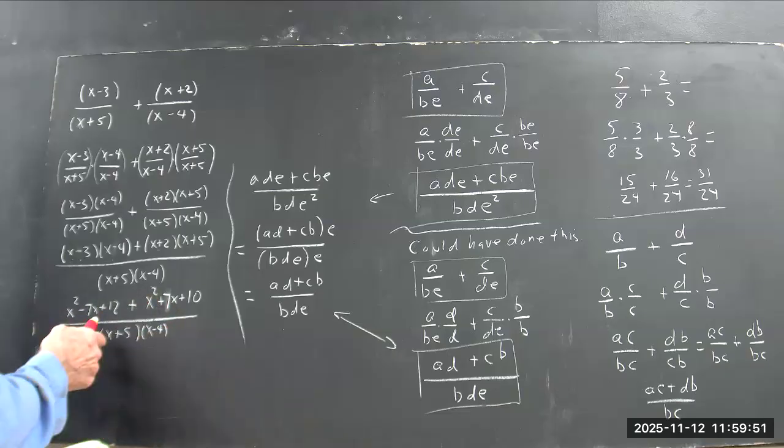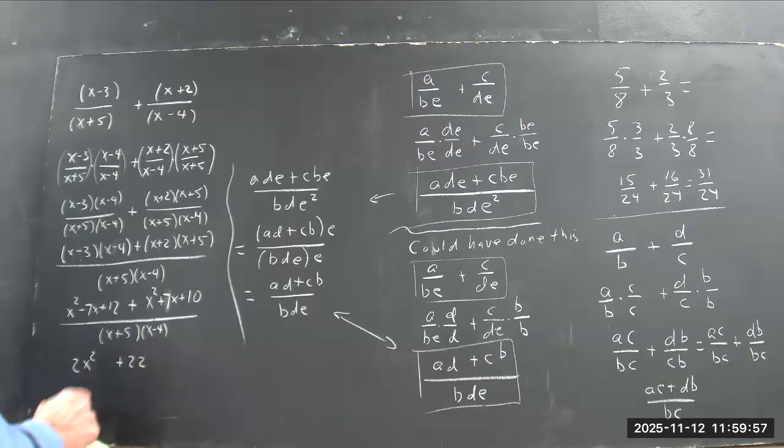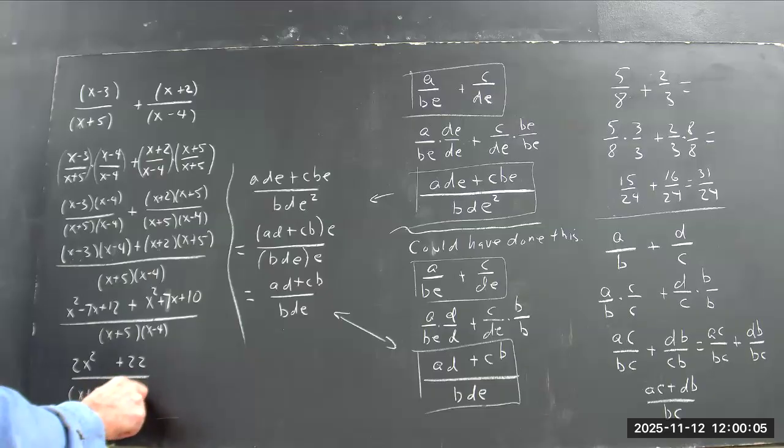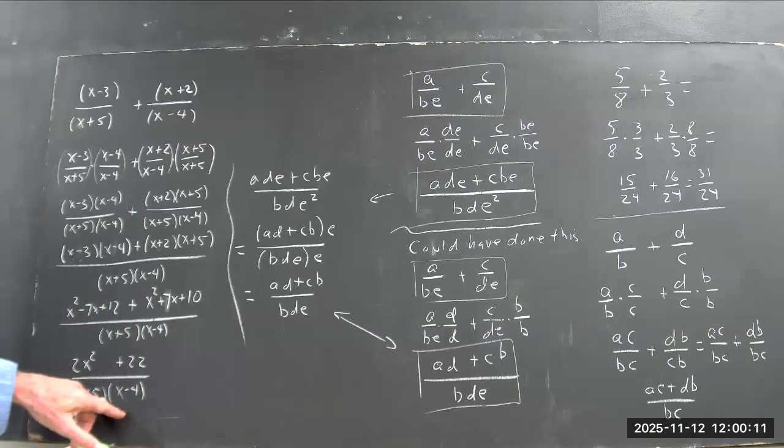So we have no x's, negative 7x and 7x adds to 0. And 12 and 10 gives us 22. Now I've got 2x squared plus 22 as the numerator, and x plus 5 times x minus 4 as the denominator.